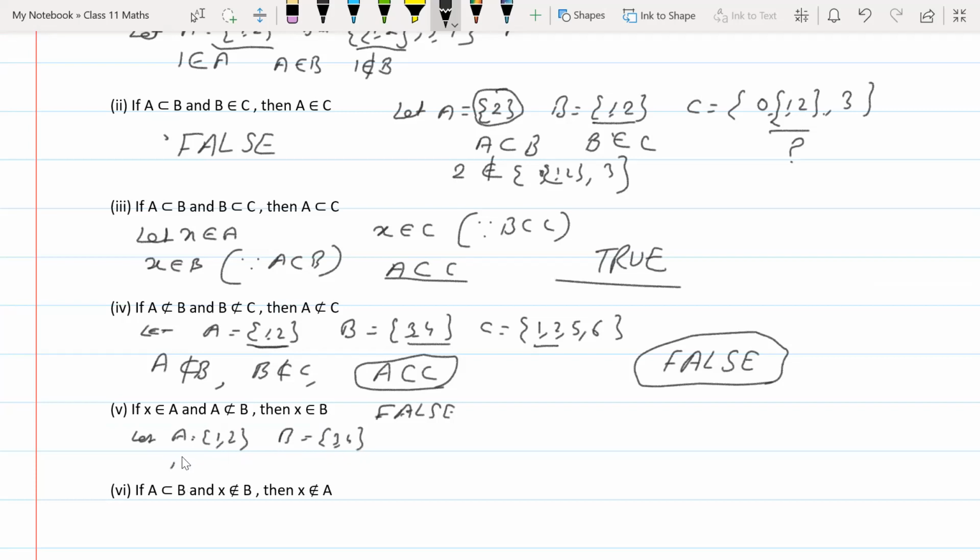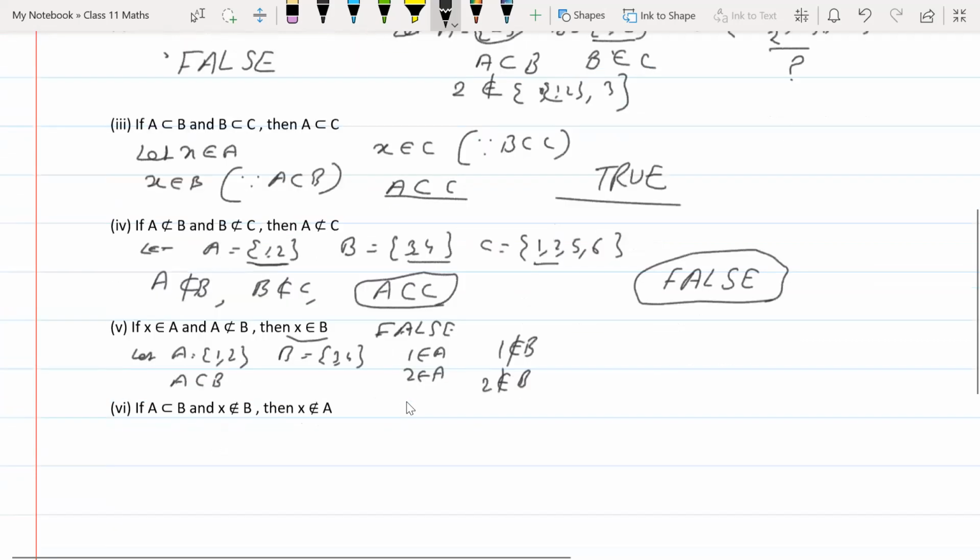So in this case, A is not a subset of B. X belongs to A, which means 1 belongs to A, or 2 belongs to A. But 1 doesn't belong to B, and 2 doesn't belong to B. It means this statement is false. So if none of the elements belong to another set, then that is not a subset.